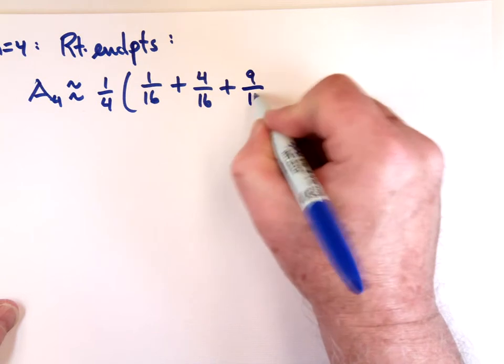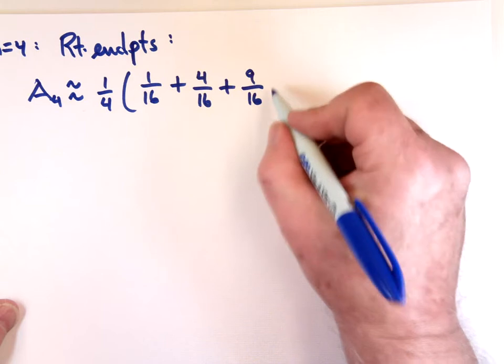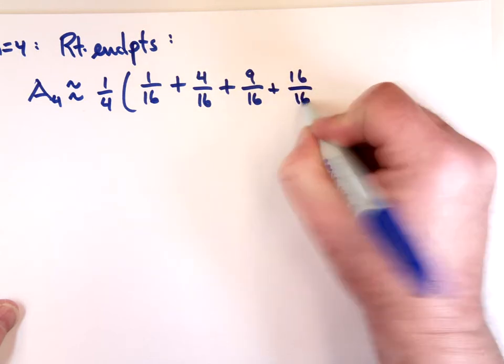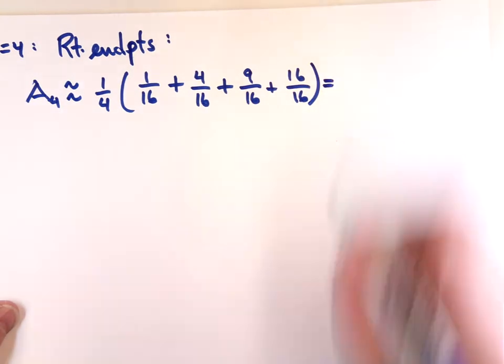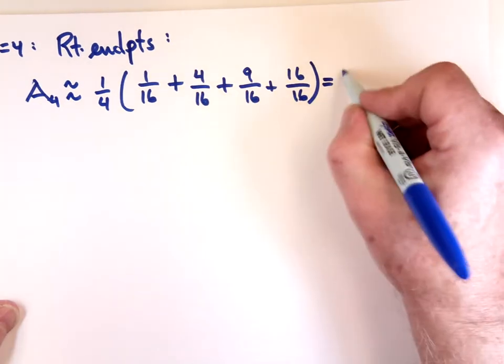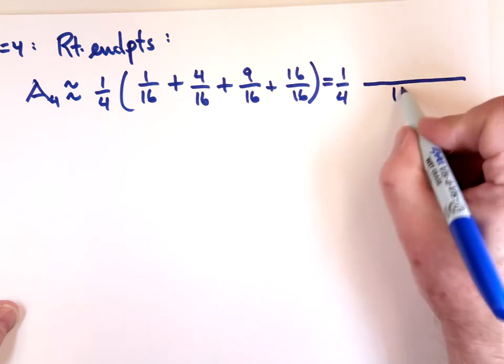I'm going to write it as 16/16. This is equal to 1/4 all over 16. I've got 5, 14, 30.